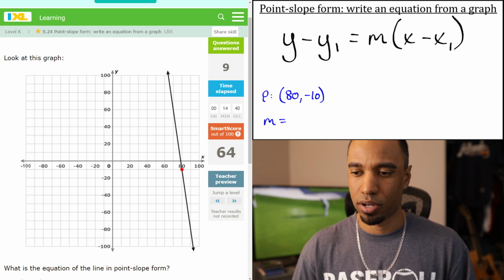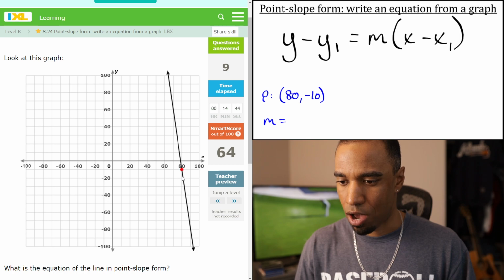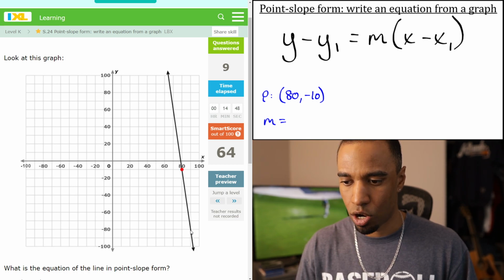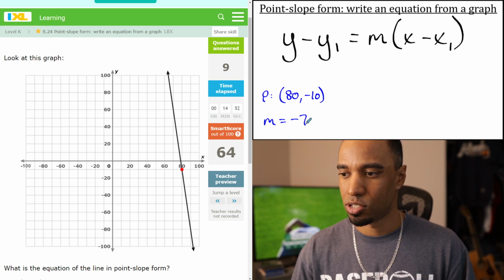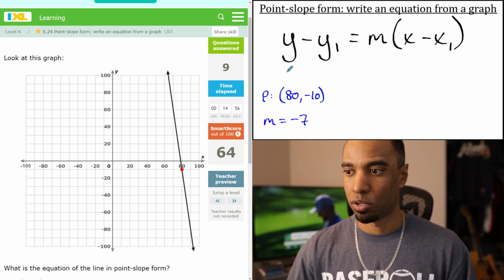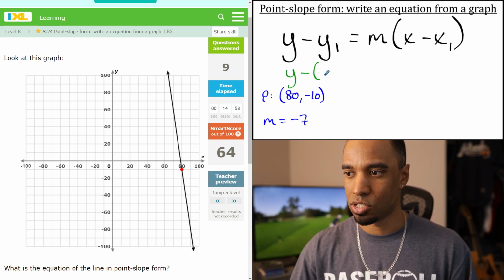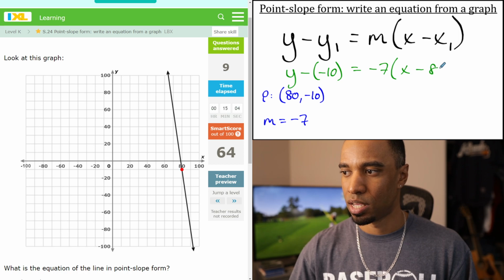My slope here, y'all, is, let's see, down 1, 2, 3, 4, 5, 6, 7 over 1. That's when it actually finally hits. So my slope is a negative 7. My equation in raw form will say y minus y1, the negative 10, equals m times x minus x1.